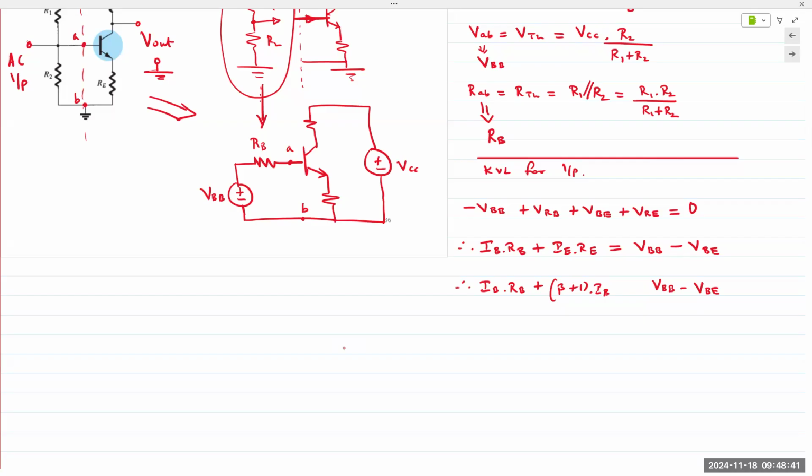IB times RE is equal to VBB minus VBE. And then we take IB outside, and we obtain RB plus (beta plus 1) times RE on one side.